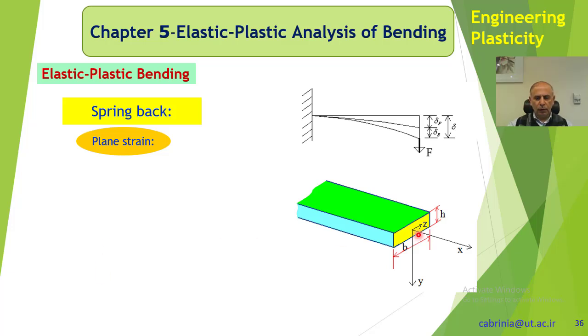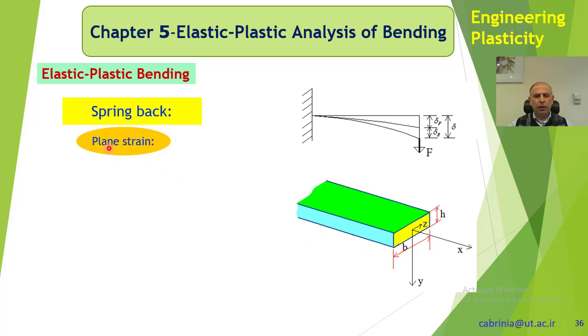Now for the plane strain case, as we can see here, H relative to B is very small. So we have this kind of beam here which is bent in the XY plane.